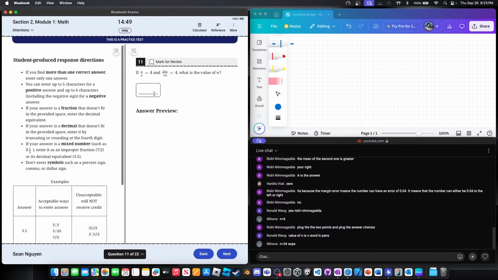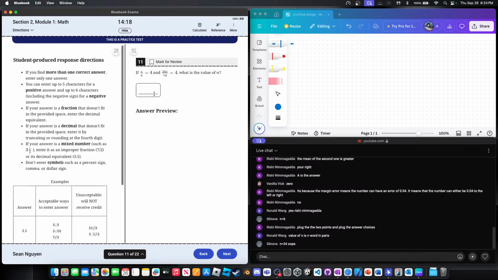Okay, so let's actually isolate. What is the value of n? X over y. Oh, 24x. Okay, so we could simplify this to 24 over n times x over y.